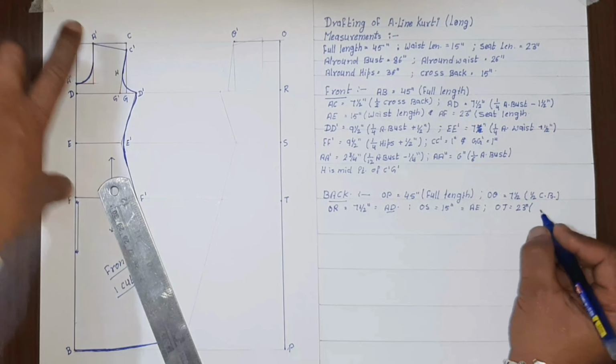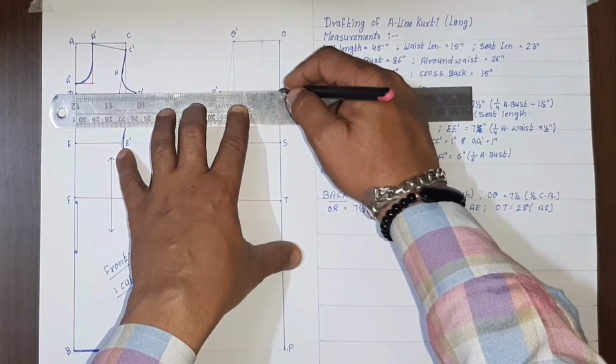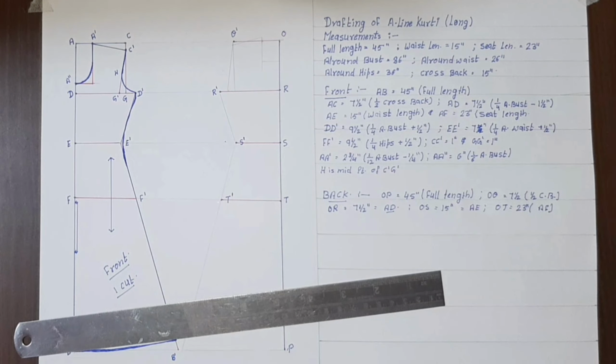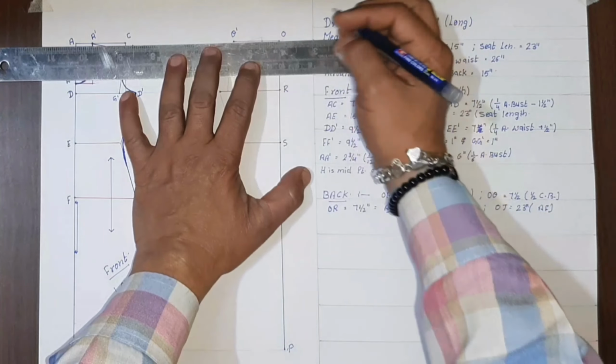right? Now similarly we'll mark the point R dash, S dash, and T dash, again as we did in the front. D dash, E dash, and F dash, measurements are same.